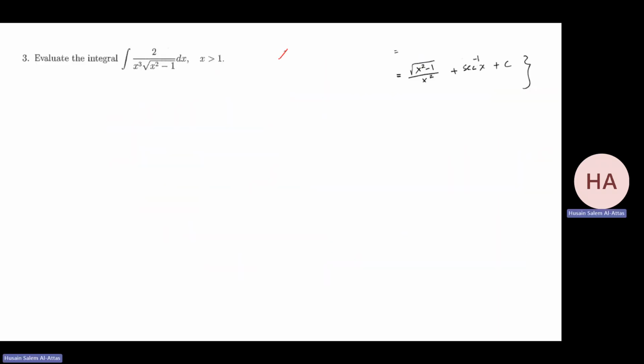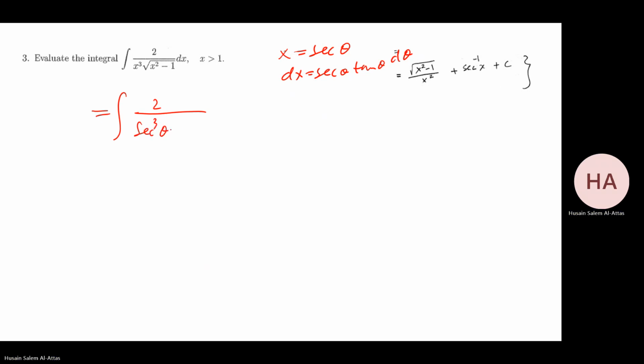Almost the same. Let me do it again quickly. x equals secant. dx will be secant tan theta d theta. That will be what? 2 over secant cubed tan theta. And this is secant theta tan theta d theta. So cancel, cancel, cancel. This is square. Take 2 out.